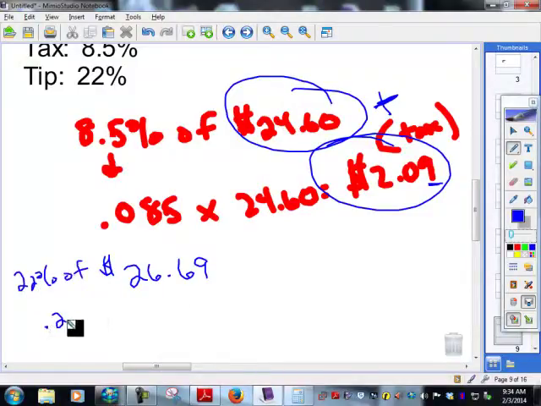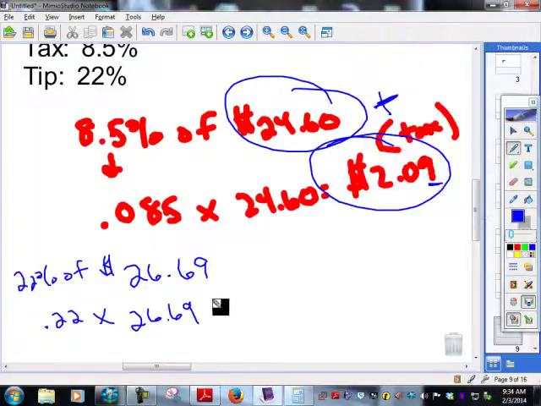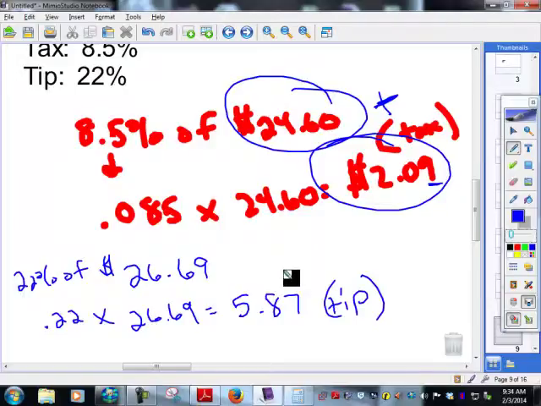So 0.22 times 26.69. Pull that up in the calculator. 0.22 times 26.69 equals, how much money is that? $5.87. Remember, that is just the tip amount. So what do I need to do to my tip and that amount right there?